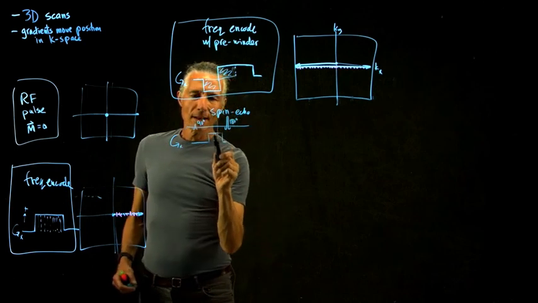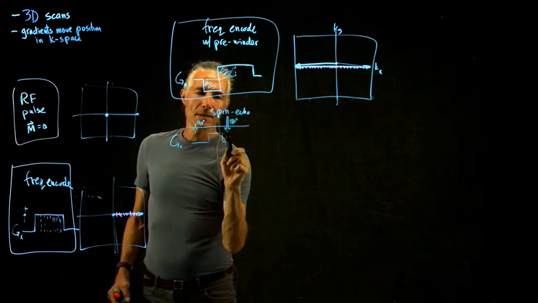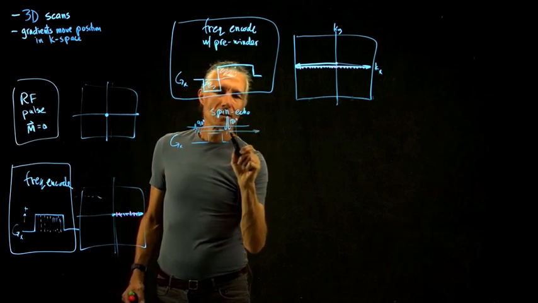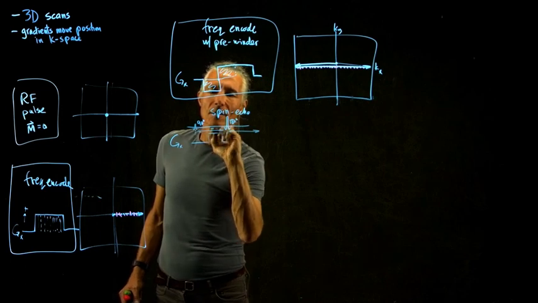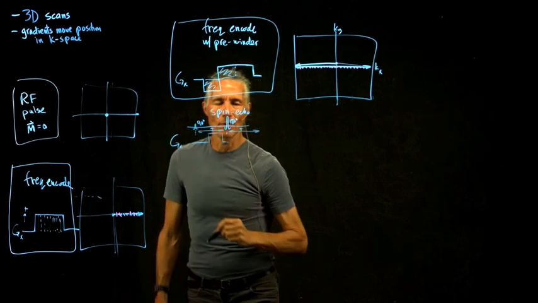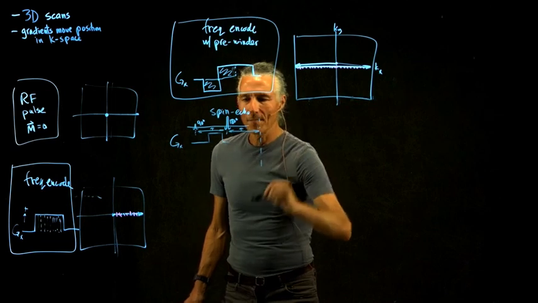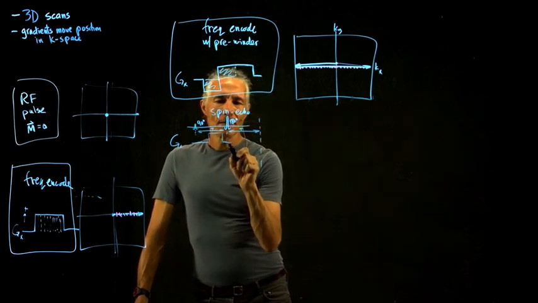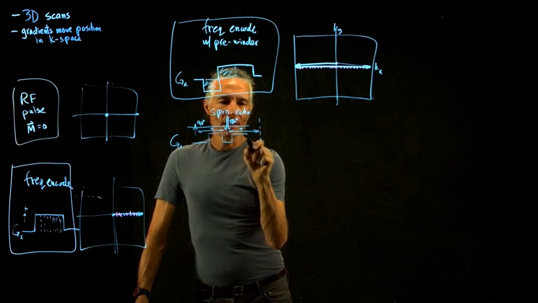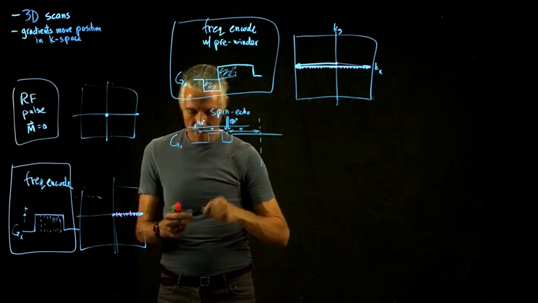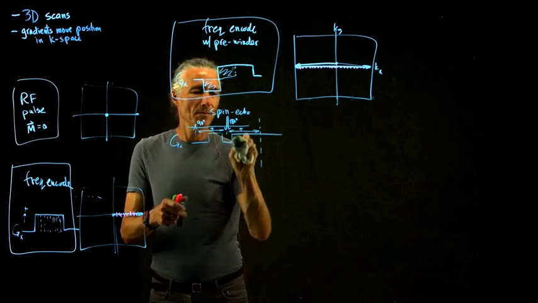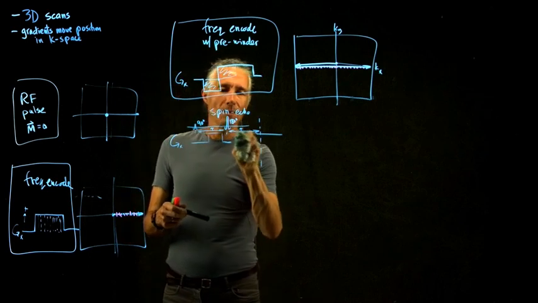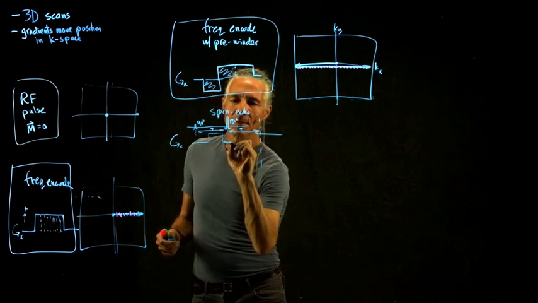If you look at this time here, that's time tau, and tau there, then we get an echo. So the echo is going to appear about here. Now we turn the gradient on in the same direction. Let me make it a little shorter so it's about the same as the other one.